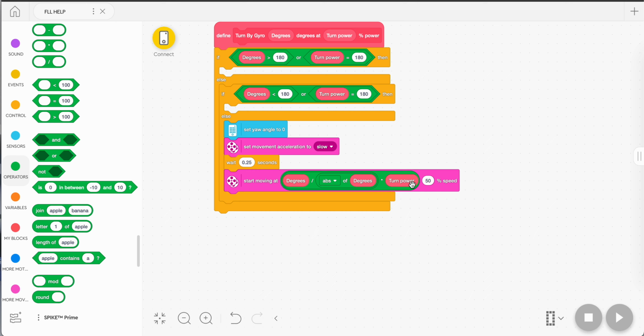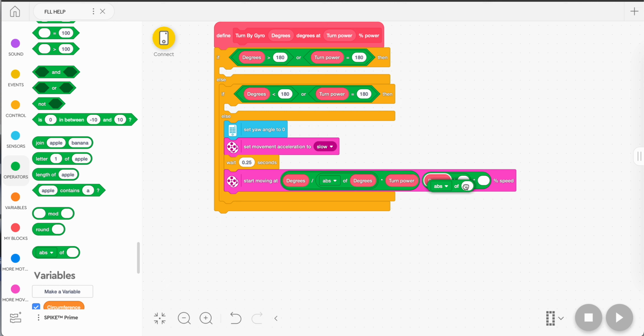Now we're gonna be doing the same thing. Grab another multiplication that looks like a star, place it in there. Grab a division and place it in the first hole. Grab a degrees. Then you want to grab the absolute of.